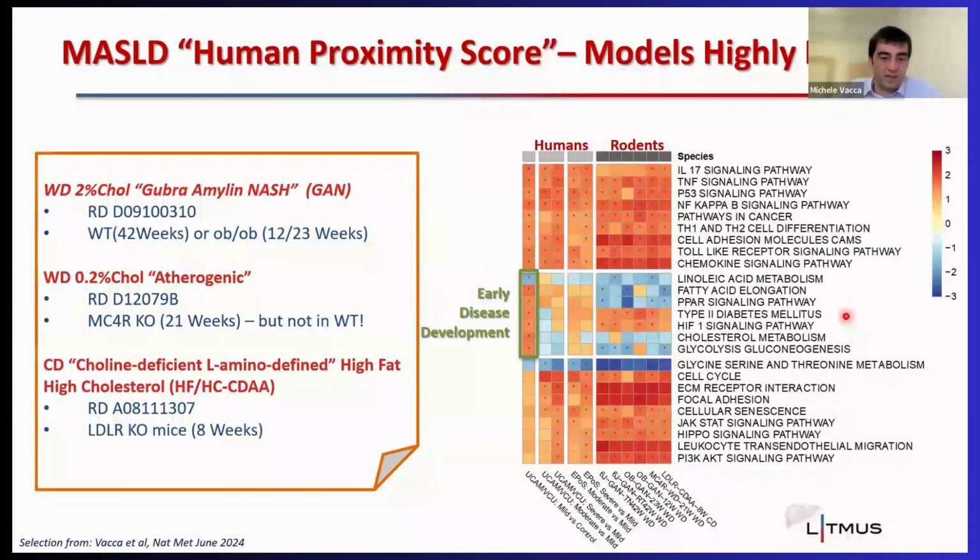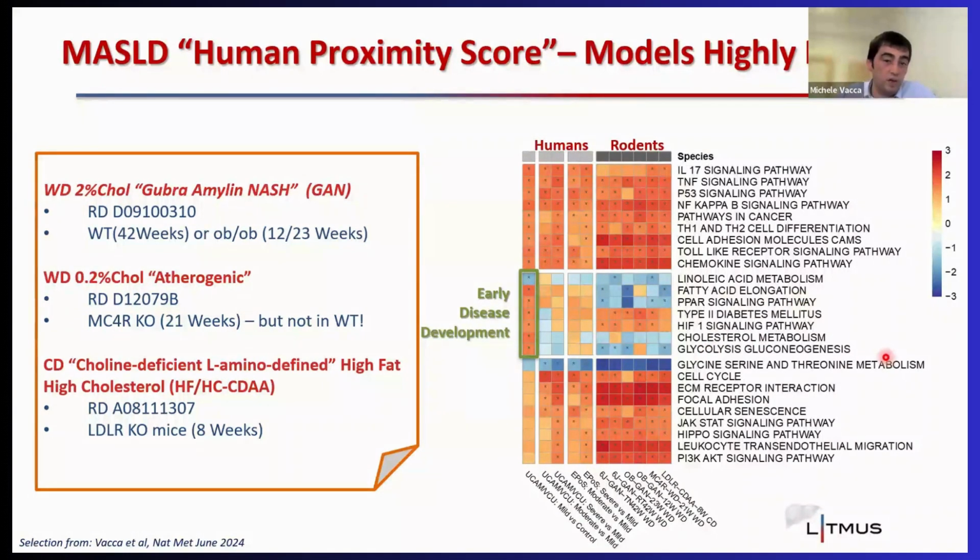This is not surprising because, as we were discussing before, looking at the gene expression analysis, it's pretty clear that the metabolic pathways, not all of them, but part of them, are upside down in the mice compared to humans. Among those that are not well represented are pathways connected to de novo lipogenesis, fatty acid elongation, PPAR signaling, cholesterol synthesis, and glycolysis and gluconeogenesis.